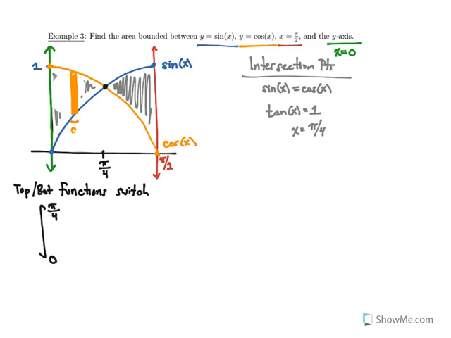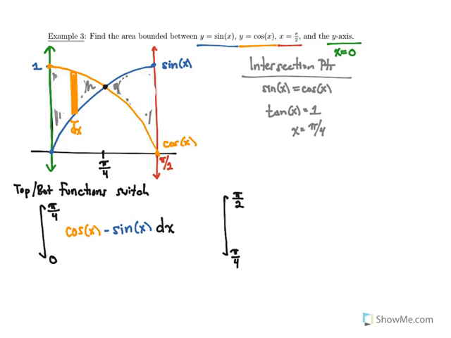And in that case, the width of that rectangle is dx, and the height of that rectangle is going to be cosine minus sine. Because the top function from 0 to pi over 4 is the yellow function there, that cosine, and the bottom function is the sine. But that's going to change for our second integral, which is going to be from pi over 4 to pi over 2.